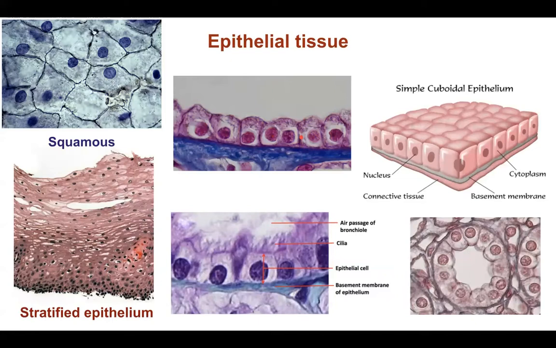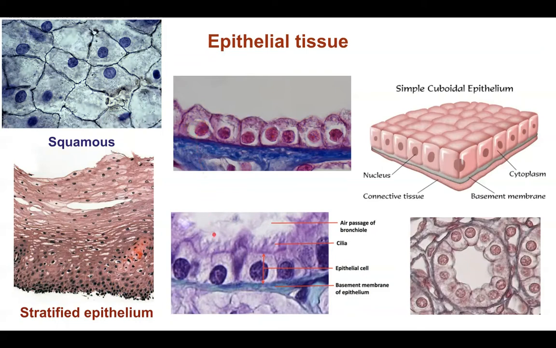So first one is the epithelial tissue. The epithelial tissue, as I told you, covers the body externally and internally. It is of various types. If it is flattened cells without any intercellular spaces, like a pavement, it's called squamous epithelial tissue. If the cells have the same height, length and breadth, then they're called cuboidal epithelial tissue.